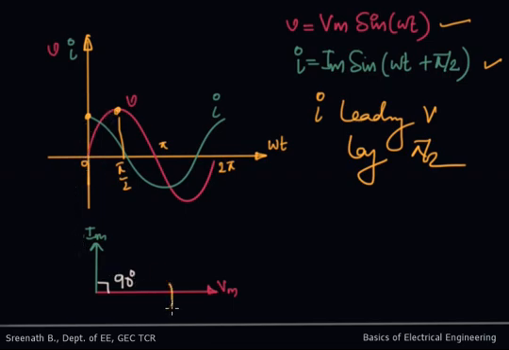Again, from the phasor diagram, you have an anti-clockwise rotation. So Im is leading your voltage. So after pi by 2 radians, this will be Im and this will be Vm. So it will be rotating in that manner.